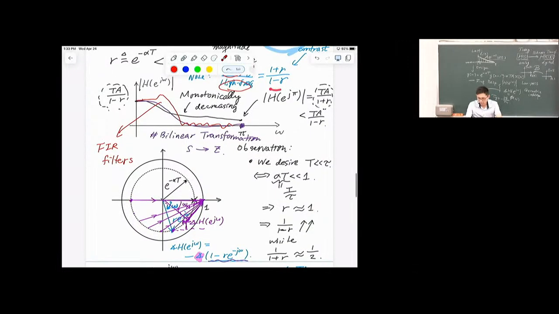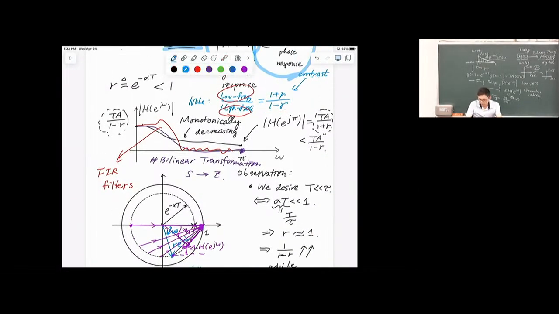So the design principle suggests that we want R to be close to 1, so that we have a high contrast between low frequency preservation and high frequency rejection.